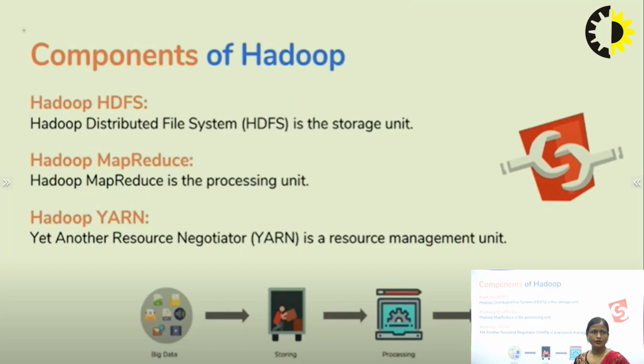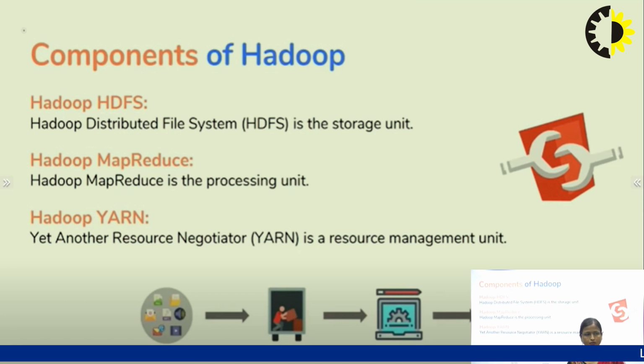Then components of Hadoop. Hadoop has basically three components. First is Hadoop HDFS, that is Hadoop distributed file system, the storage unit. That means HDFS is the storage unit that stores all the data. Then second is Hadoop MapReduce. MapReduce is basically its processing unit.